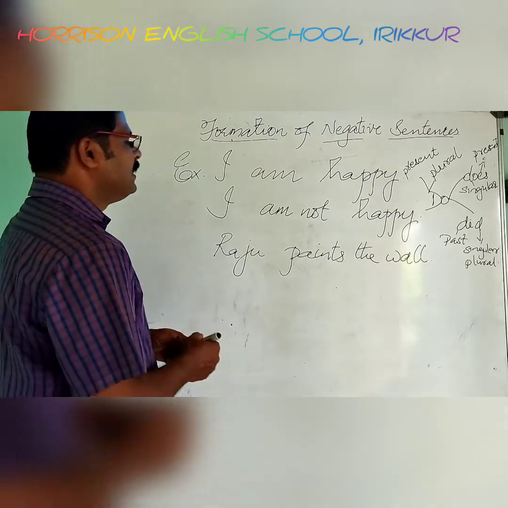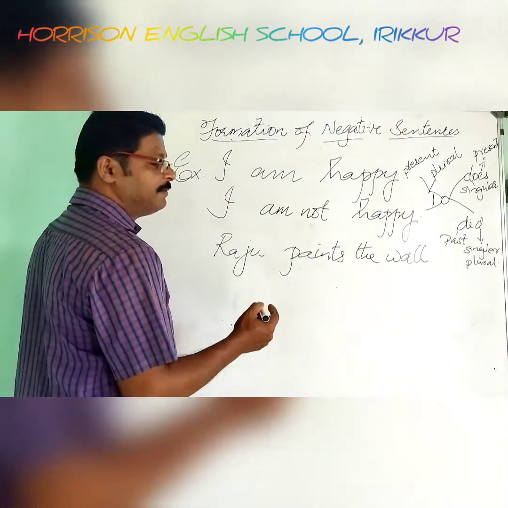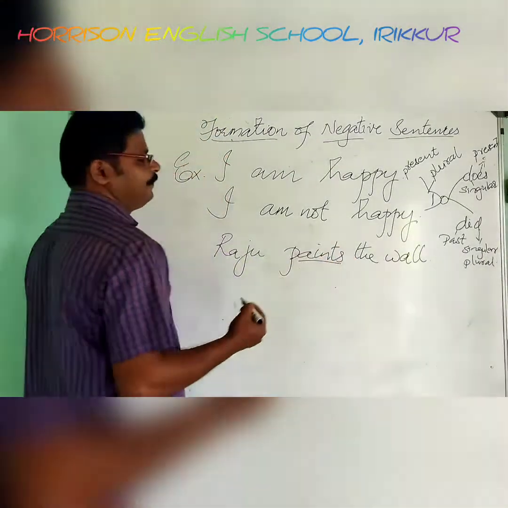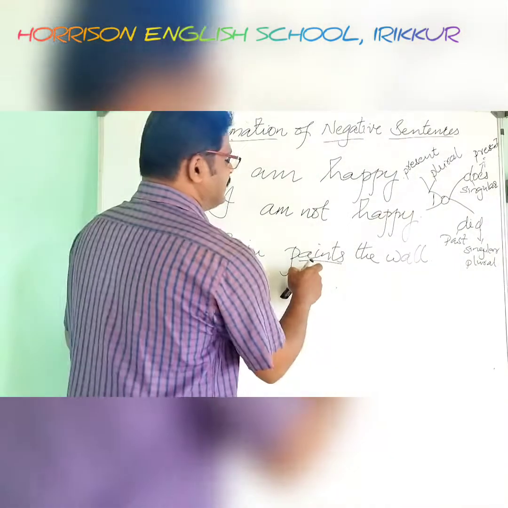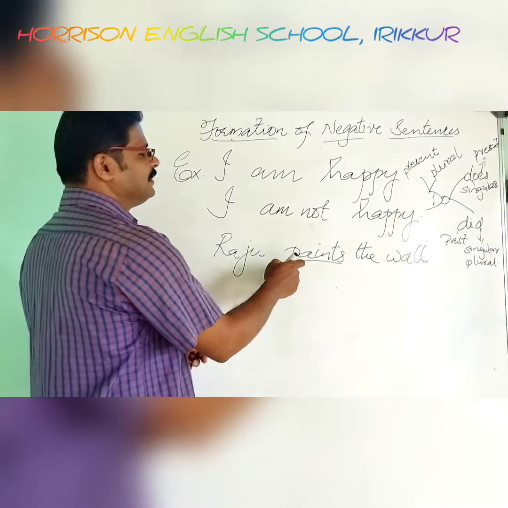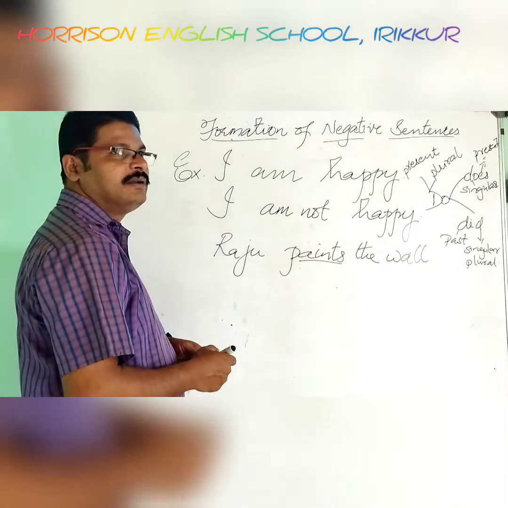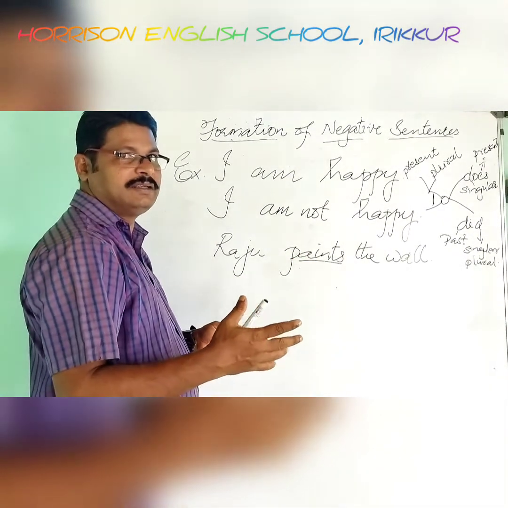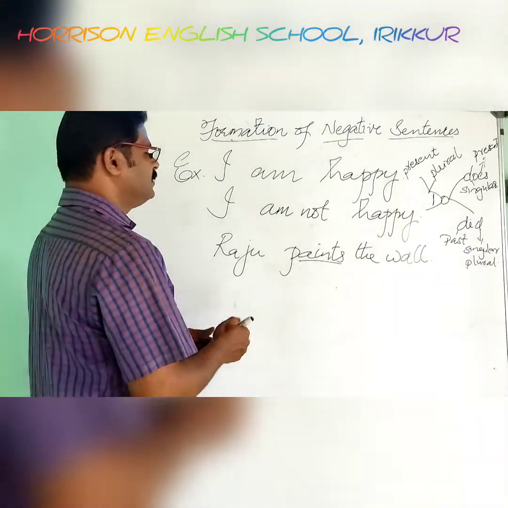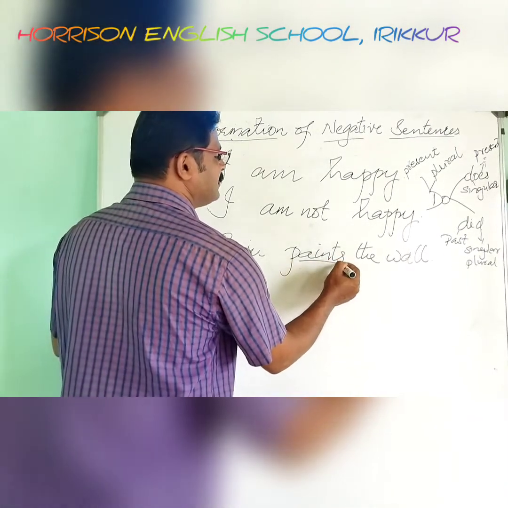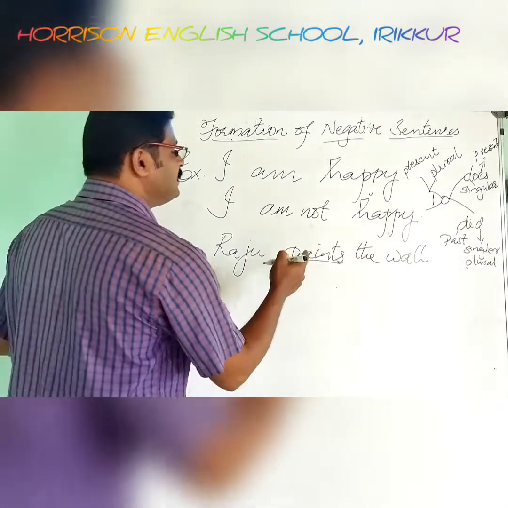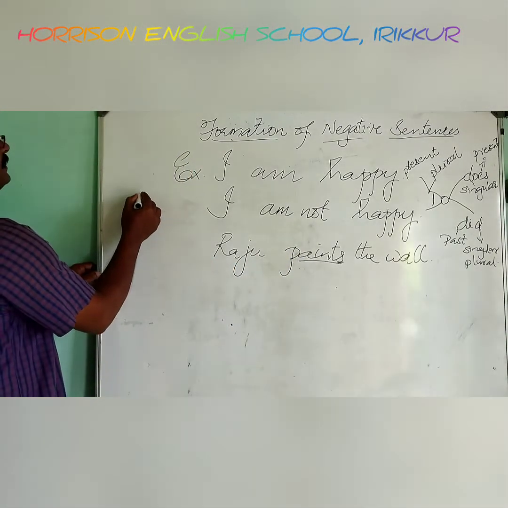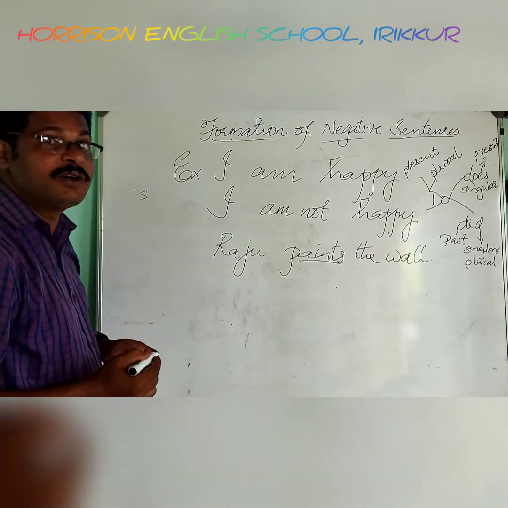So here, let us take the verb. The verb in this sentence, as everybody knows, is paints. The verb in the sentence is paints. So what's the tense of this? It is present tense. And what's the number, singular or plural? This is singular. You see, we can understand whether a verb in present tense is singular or plural by observing: if the verb ends in S, it will be singular.